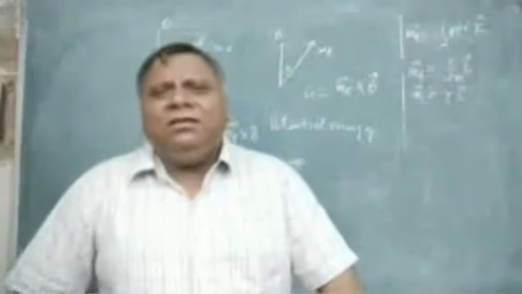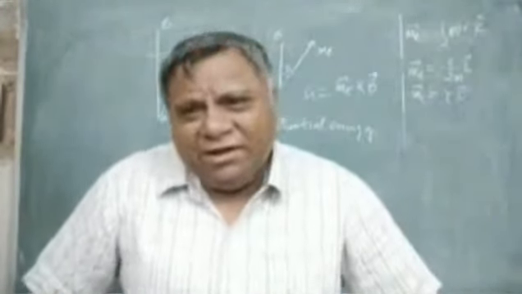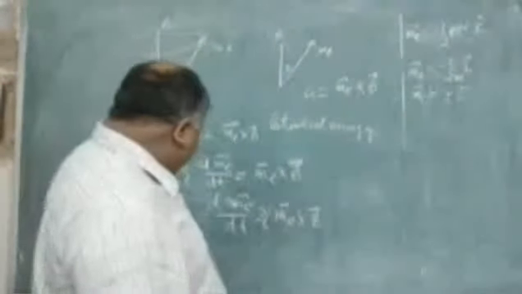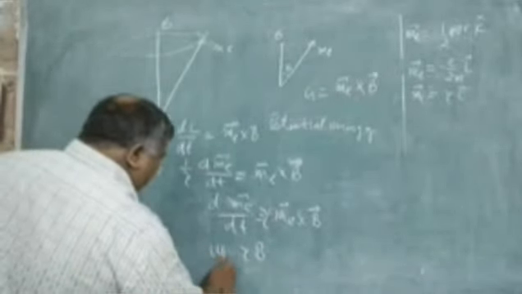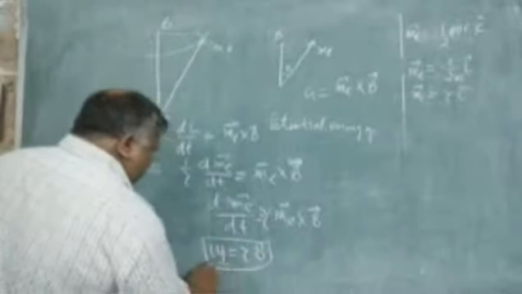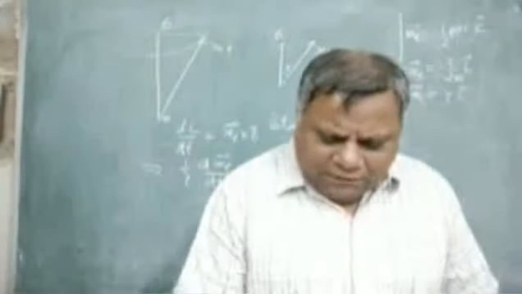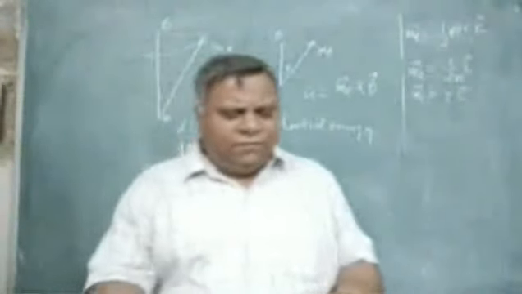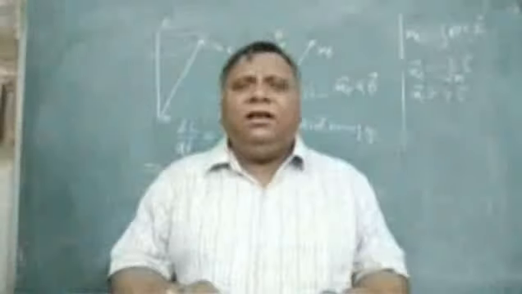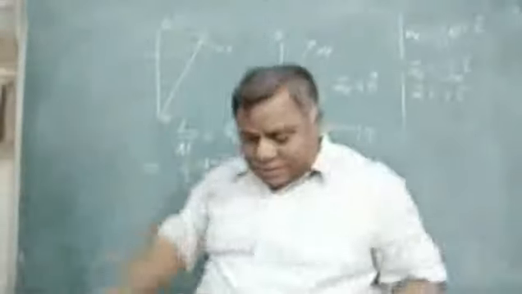The frequency of this precession can be associated with the magnetic field and can be written as gamma into B. So the effect of this magnetic field on m_l is such that it rotates about B, keeping this angle theta constant.